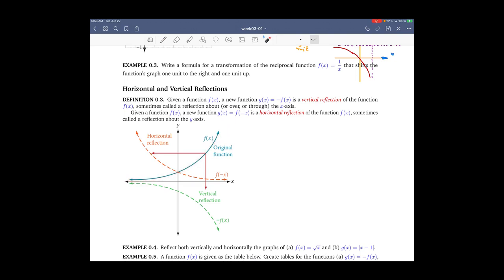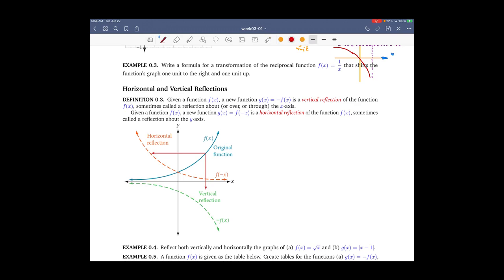What happens when you place a minus in front of f? As is easy to understand, what happens is the graph of f reflects about the x-axis to produce the graph of negative f of x.